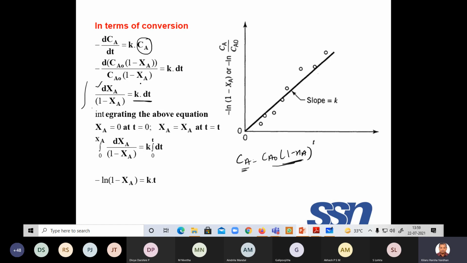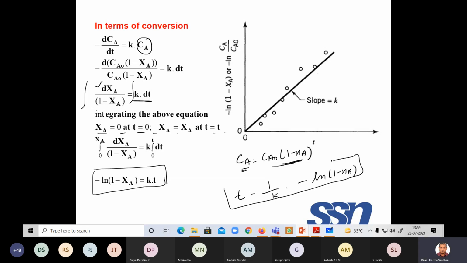Again, if you substitute the limits, XA is 0 when t is 0, and XA is XA when t is t. Then you get the final form of the equation. Here again, t is equal to 1 by K into minus ln 1 minus XA. This is the final form of the equation for a first order reaction.